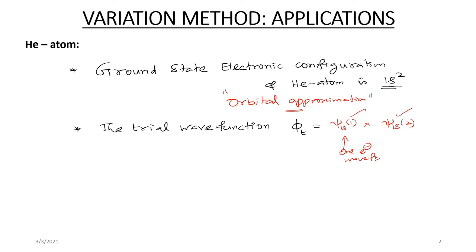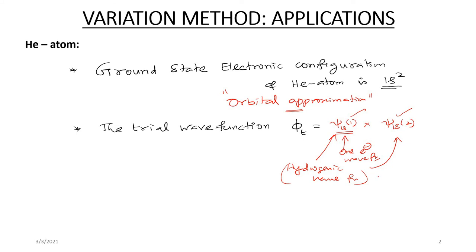So what I am going to do is take the hydrogenic wave function and substitute it here. That's why I am going to call this an approximation. I am going to take the hydrogenic wave function to construct the total wave function: the hydrogenic wave function for the 1s orbital of electron 1 and the hydrogenic wave function for electron 2 also.